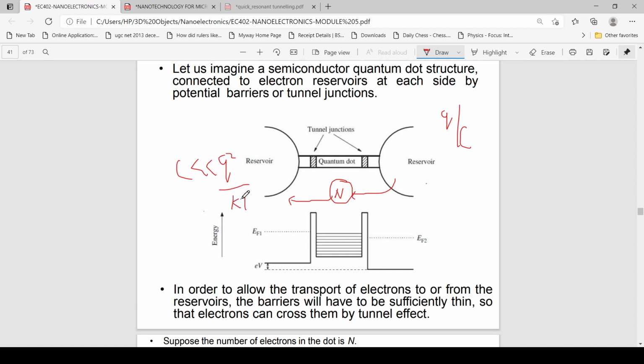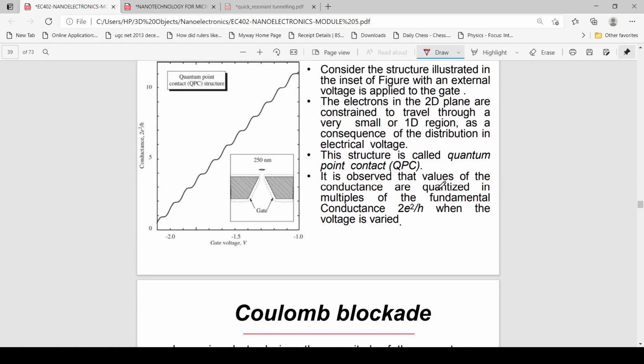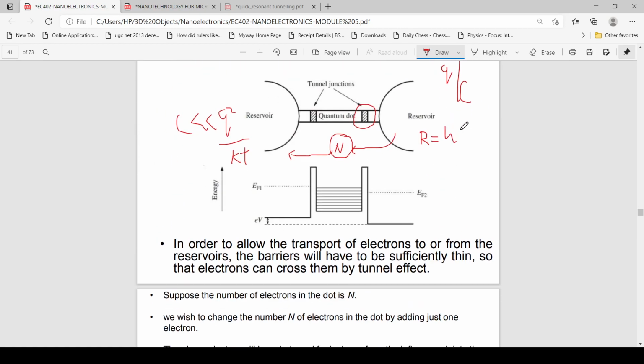And for the resistance of this tunnel junction, we know the universal parameter: the resistance must be at least equal to H by E square. This is a universal constant, equal to about 25,800 ohms. So the capacitance must be much less than Q square by KT, and the resistance of the tunnel junction must be close to or more than H by E square.